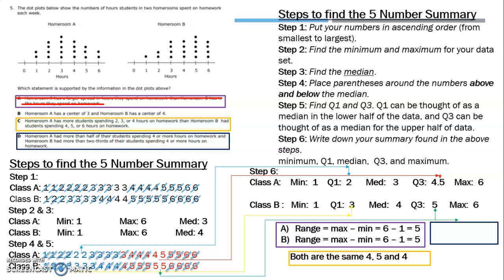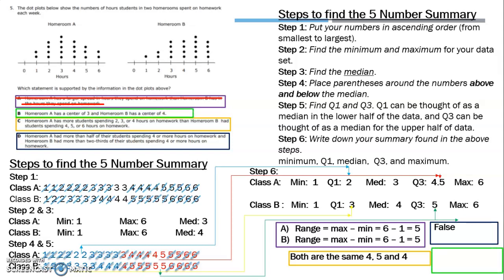So if I were to multiply 20 times 5, I'll get 100%. So it's like a proportion. And the 13 times 5 is going to give me 65. So that part is true, but the first part is false. So not more than half were at 4 or more for A. So that means that D is false as well.